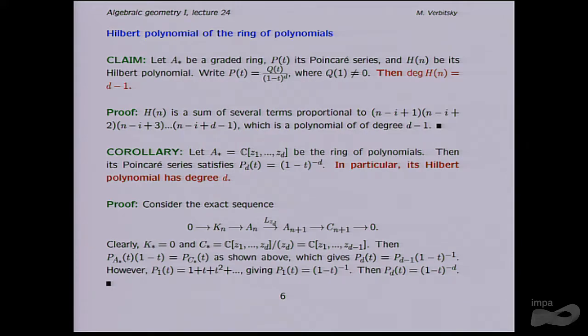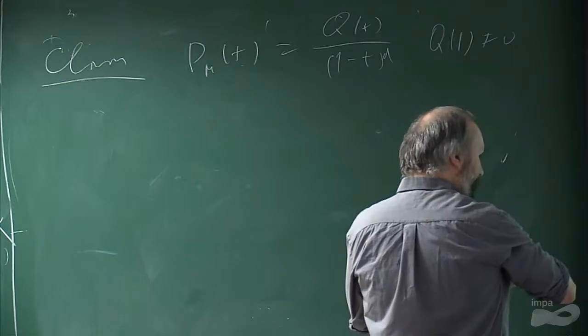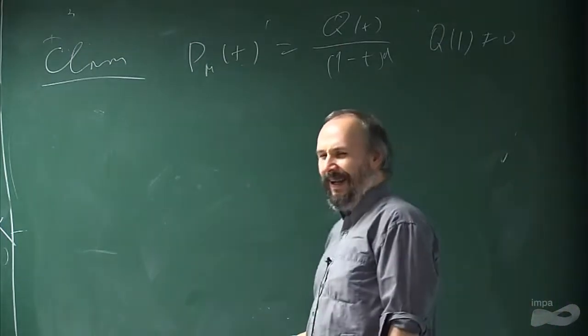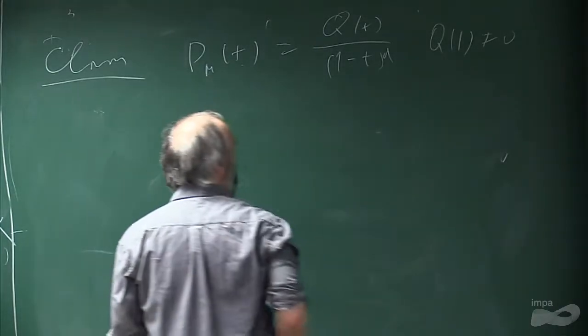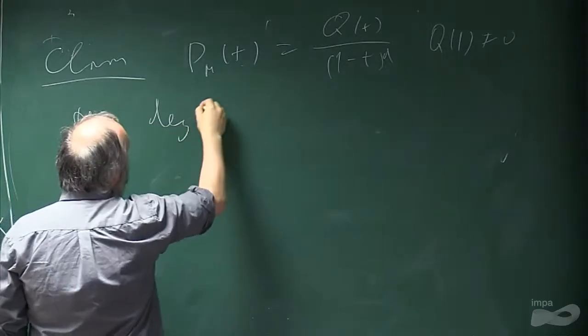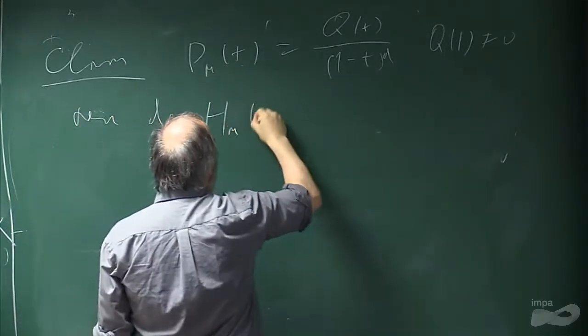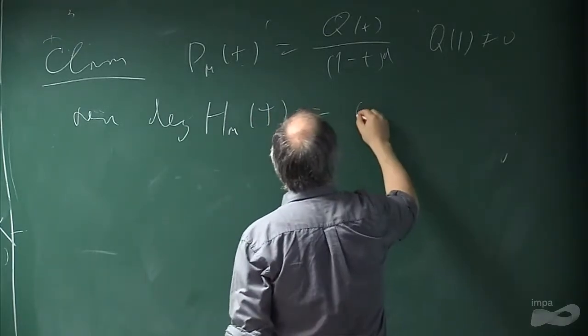And I assume that Q(1) is non-zero, so this is a reduced fraction. You cannot factorize it more. Then the degree of the Hilbert polynomial is equal to d minus 1.